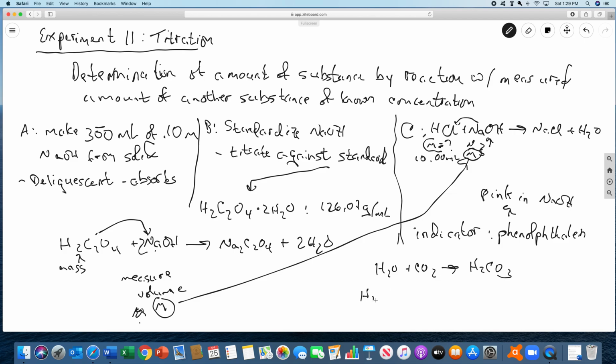Carbonic acid, that first reaction is very slow, will react with sodium hydroxide, and it'll form sodium carbonate and water. But the idea is that the phenolphthalein is pink because of this. So if you let it sit for a while, the phenolphthalein will fade because of this reaction.